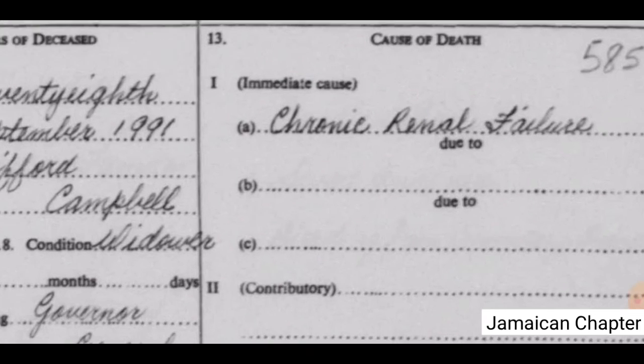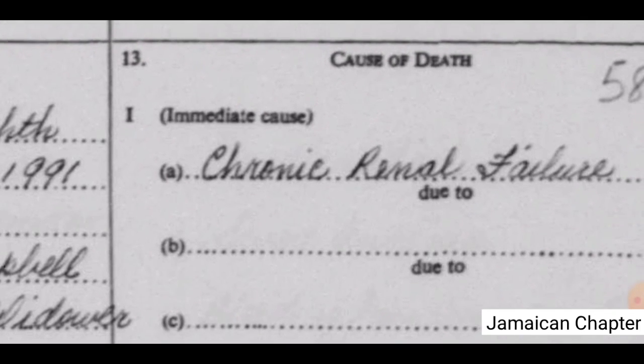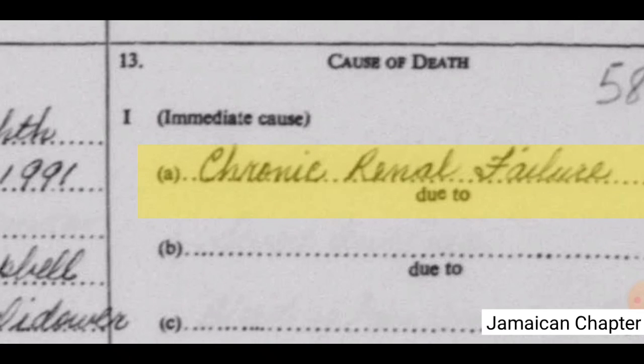Well, here it is on the screen. It says cause of death: and there's nothing else. There's only one thing there. Unlike the other videos I've done where there's a list of things, there's only one cause.